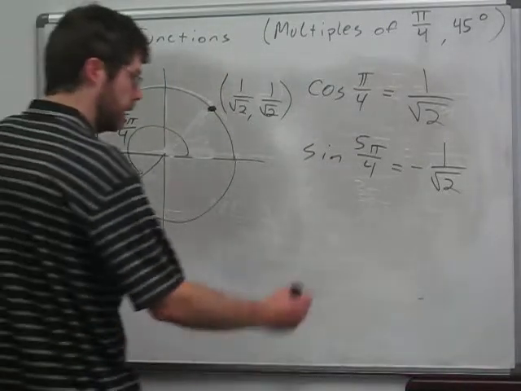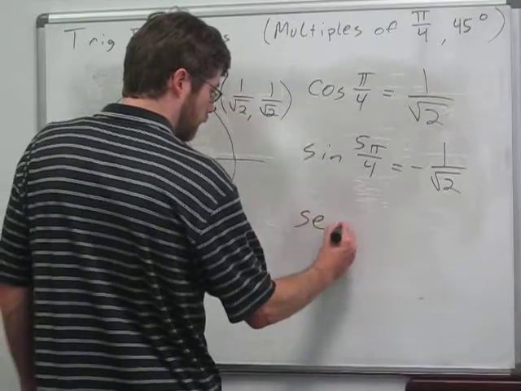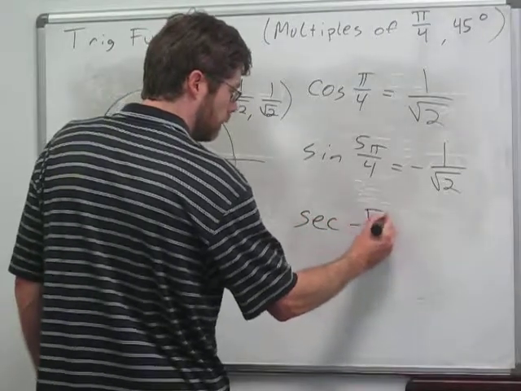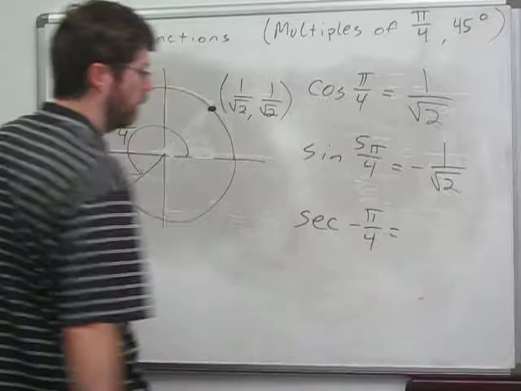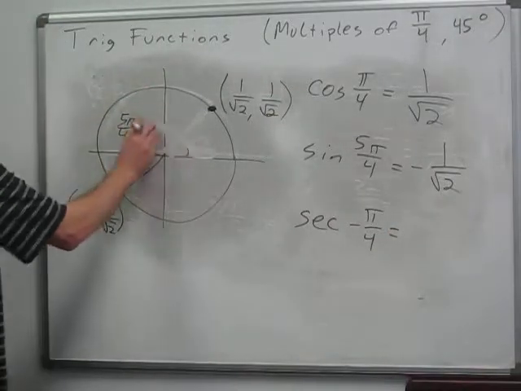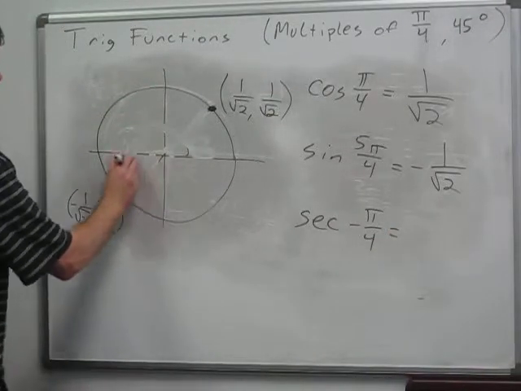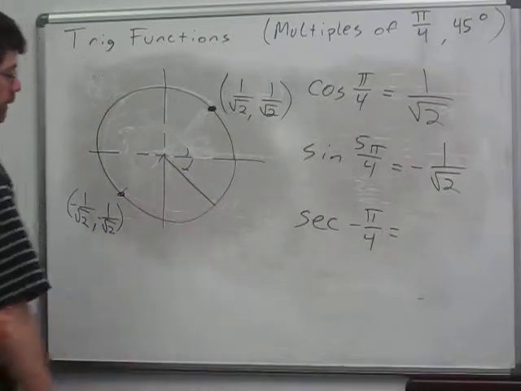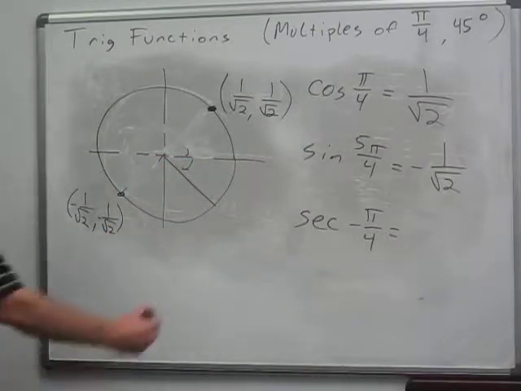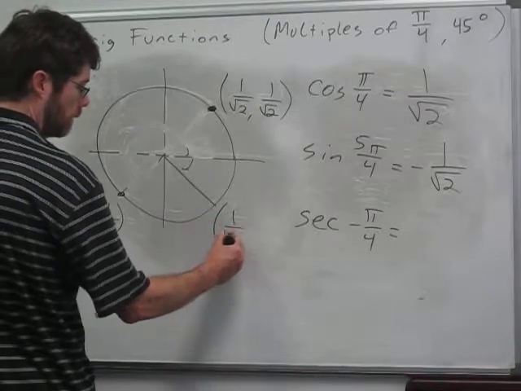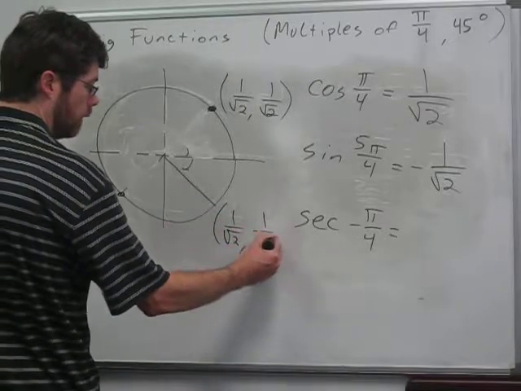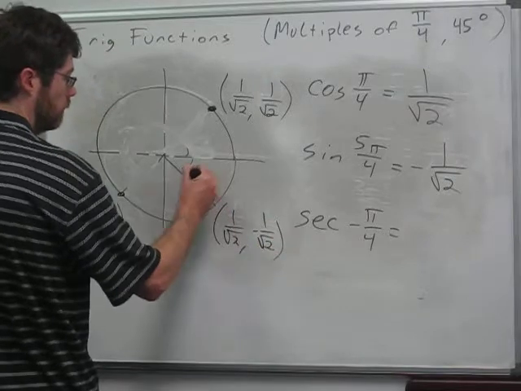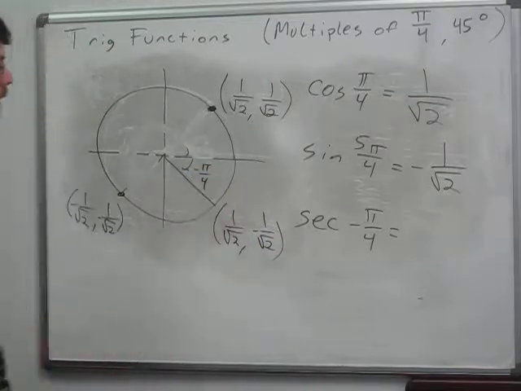So let's do one more. Let's go with secant of negative pi over 4. Rotation of negative pi over 4 brings me down into quadrant 4. This lands at 1 over radical 2, negative 1 over radical 2. Right.